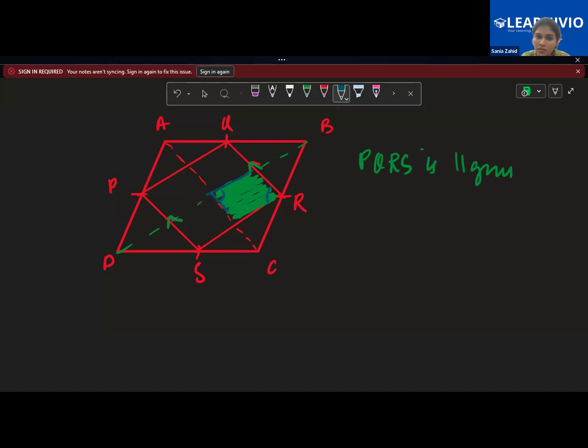First of all, you will write it. Then you will say, if it is a parallelogram, then these blue angles are equal to one another and this angle is equal to 90 degrees. Thus, this angle is also 90 degrees and hence this whole is a rectangle, right?